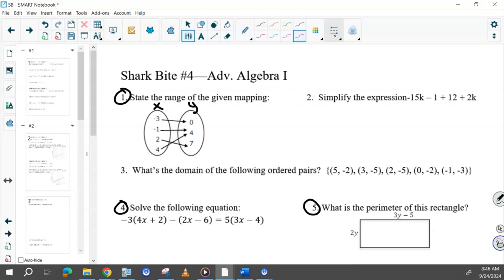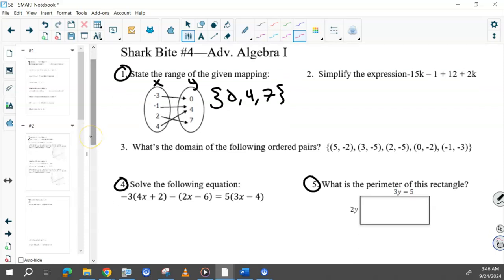I just need the range, so my y values. Questions on that? I will say that 2 of these numbers go to 4, but we would still only list that once.